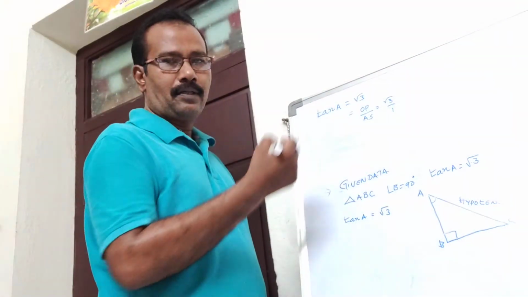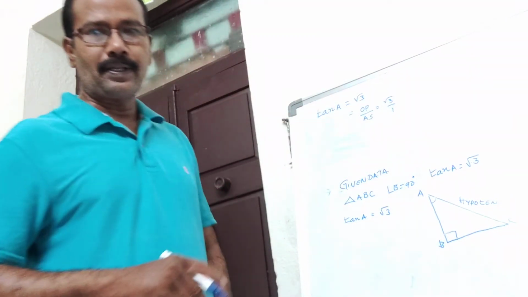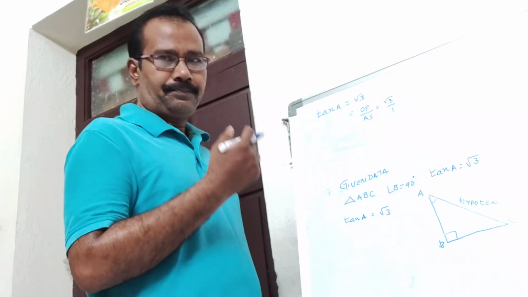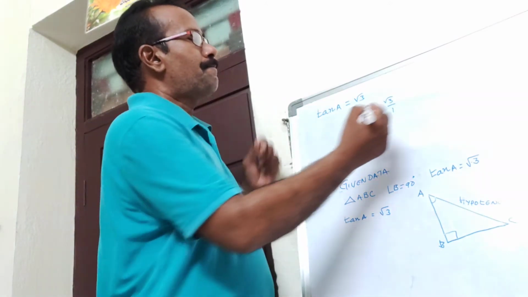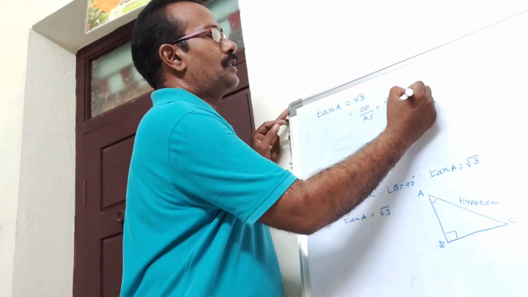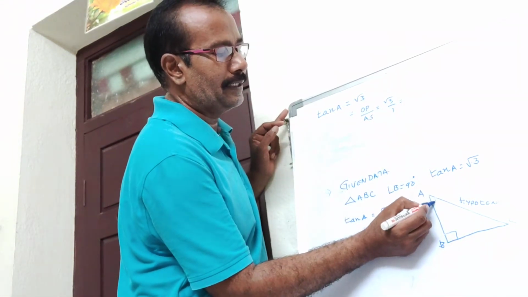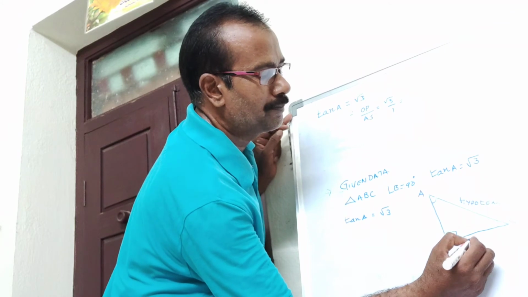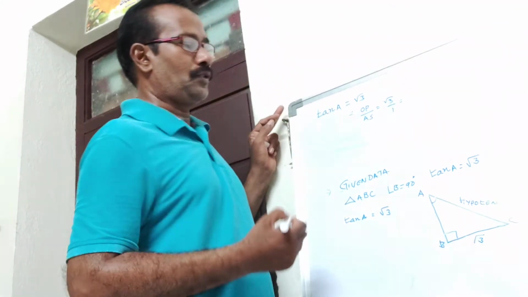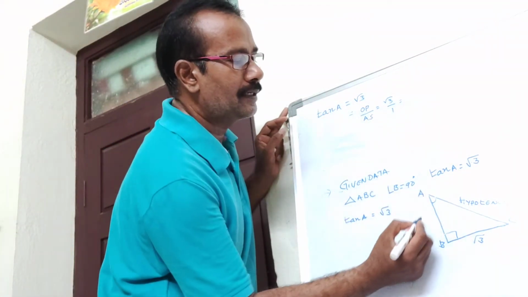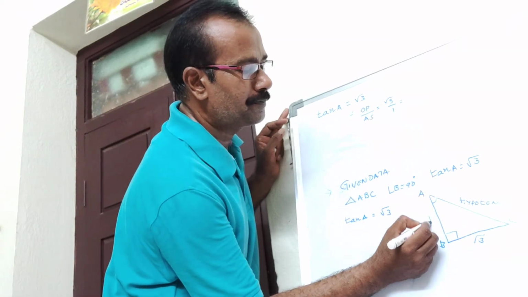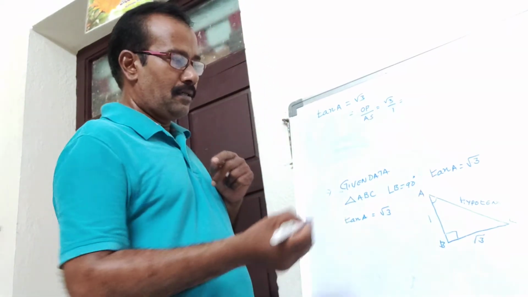Root 3 is the opposite side. According to angle A, the opposite side is BC, root 3, and the adjacent side AB is 1.